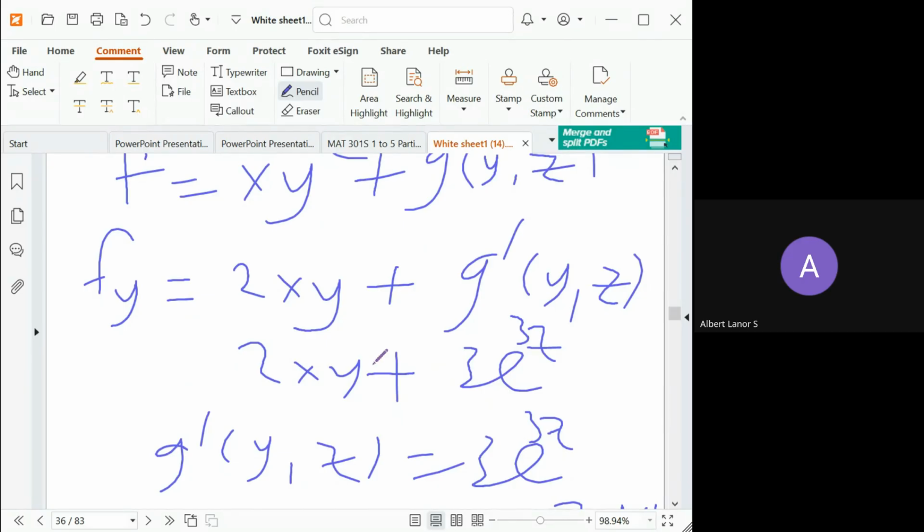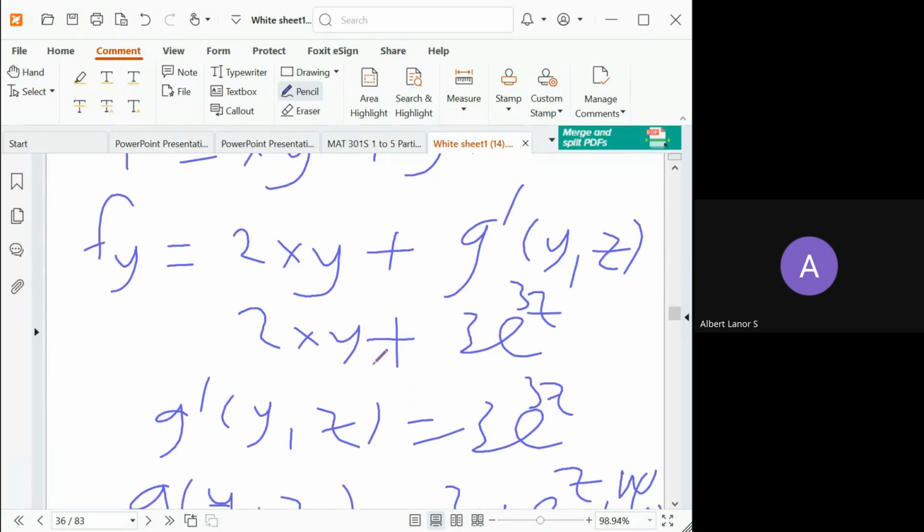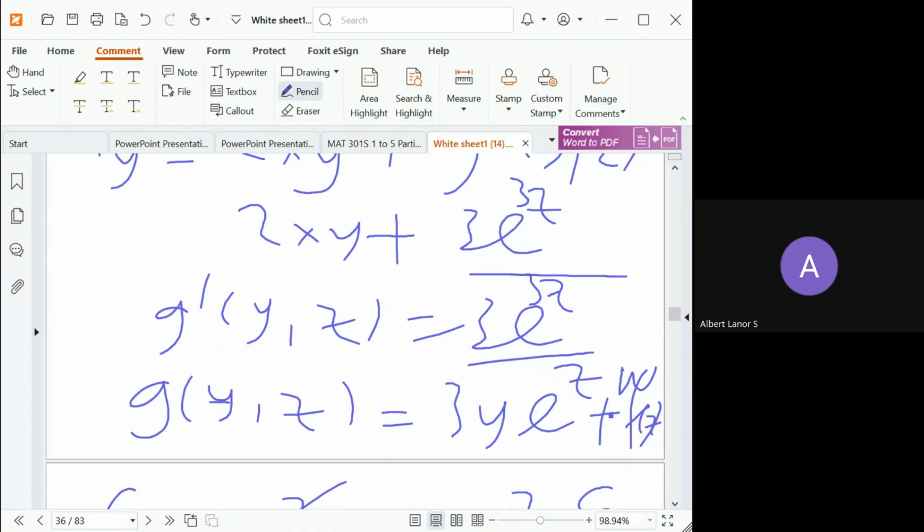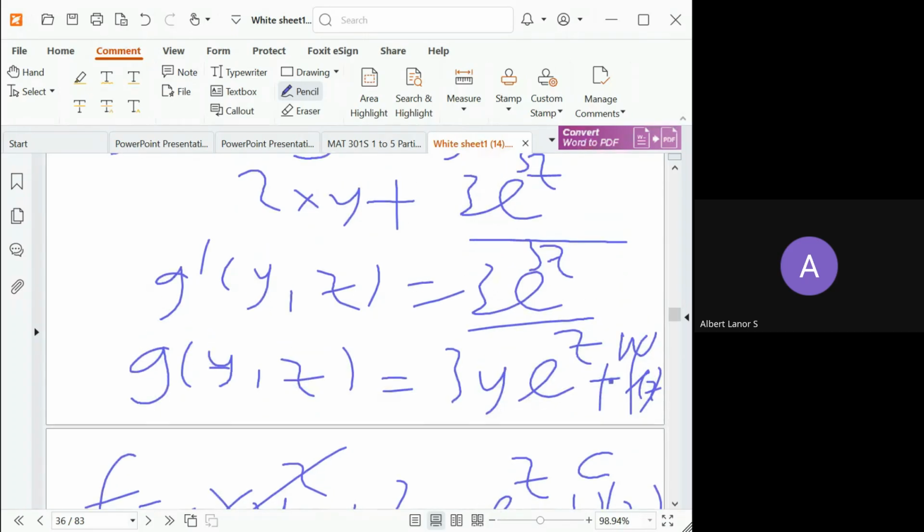From here, now when you compare the two of them, 3e^(3z), this is f_y. Now if I want to get my f, then I'll say that this is 3e^(3z). But when you integrate this function with respect to z, you should get y e^(3z). Okay, so this was where I went off.